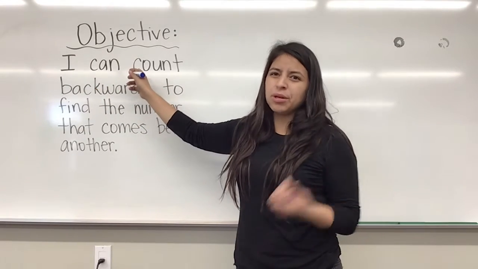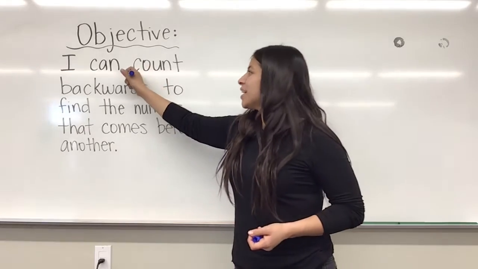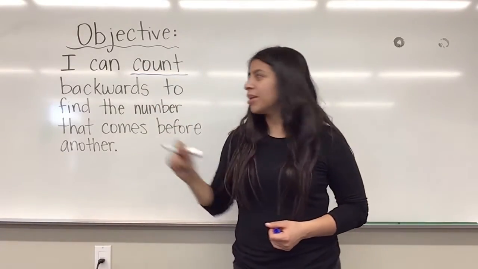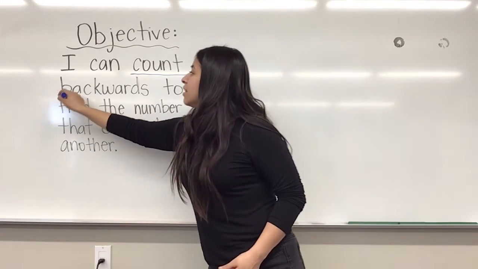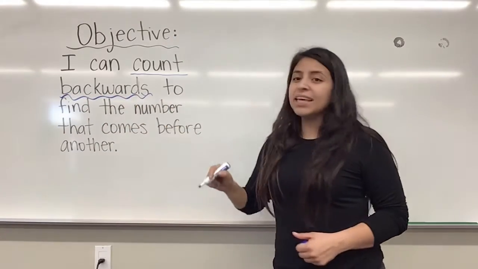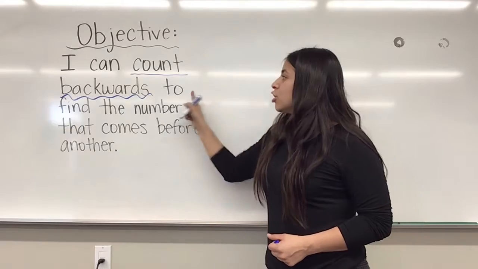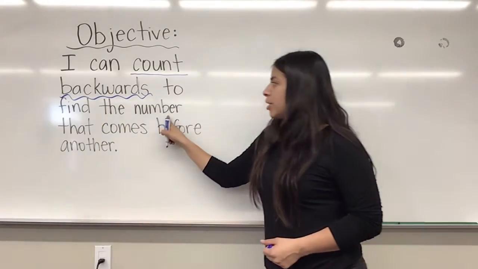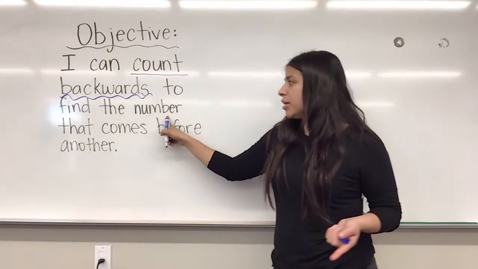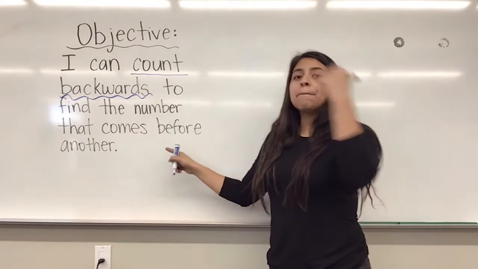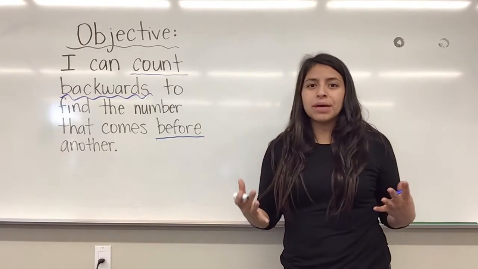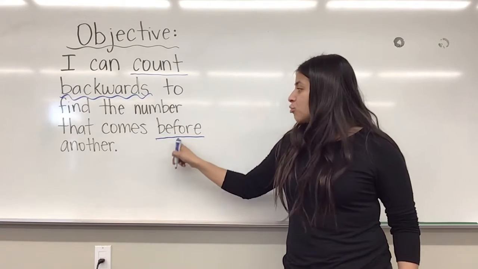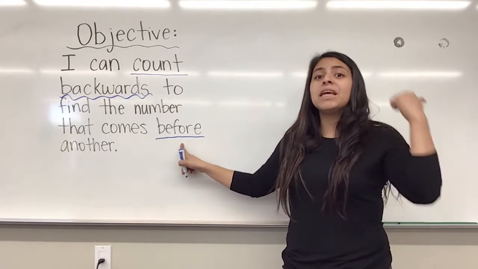We know how to count, right? We know what count means? Okay. So we're going to be counting. I can count backwards. I can count backwards to find the number. So we're going to be finding a number that comes before. That's why we have to count backwards, TK, because we have to find the number that comes before.